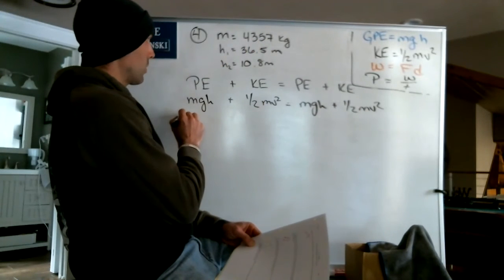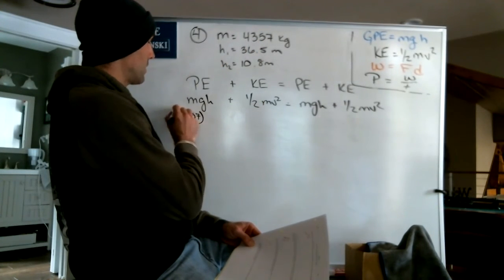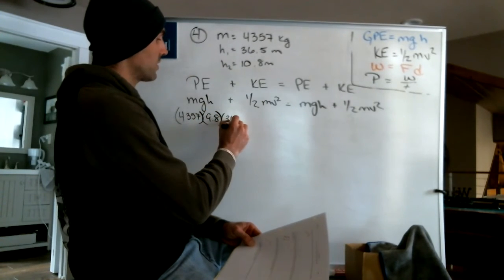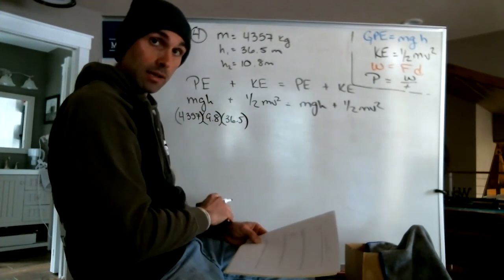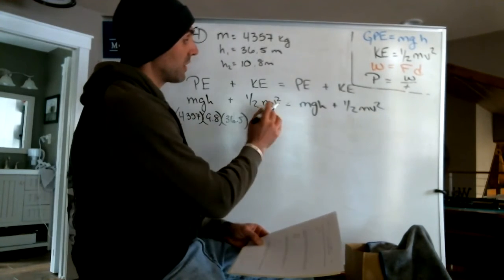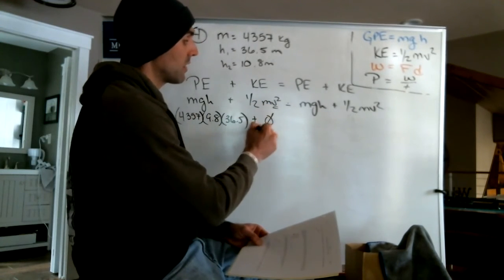The mass is 4,357 times g, 9.8, times a height of 36.5. That is the initial height. It starts from rest, which means velocity is 0, which means that whole kinetic term cancels out.